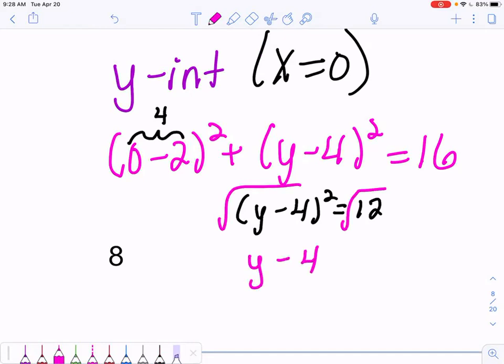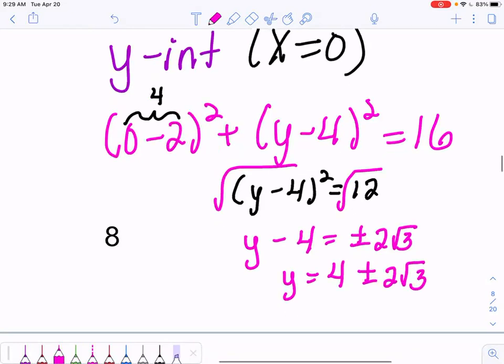Now, Brenna, do you think I could just take the square root of 12 in the calculator and get a decimal there? Probably not, right? What would you do with the square root of 12? Yeah, 2 square root of 3 with that plus or minus in front. So then we have 4 plus or minus 2 square root of 3.